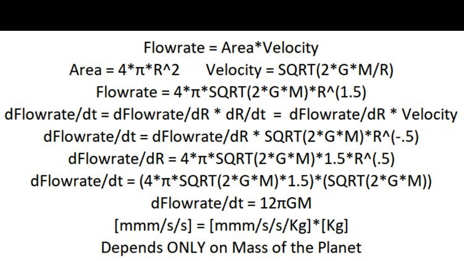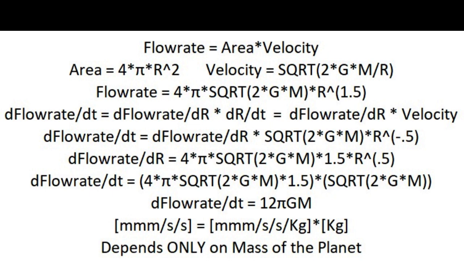So it turns out, very interestingly, that this d(flow rate)/dt is essentially a constant, 12 pi times G, Newton's big G, times M, the mass of the planet. The r washes out of the equation, and so it becomes a constant that depends only on the mass of the planet. It's a very interesting fact.